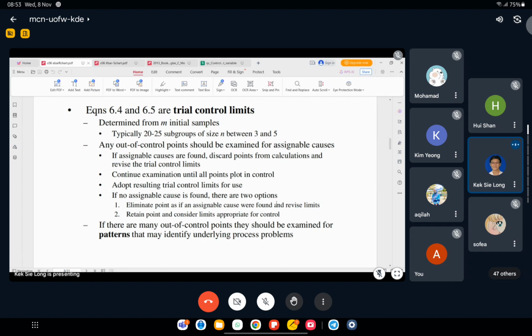But of course, when we want to revise a control limit, we cannot just simply enlarge it. For example, if my UCL is 10.1 but there is a point at 10.3, we cannot just enlarge the UCL from 10.1 to 10.5 to cover the outlier 10.3.